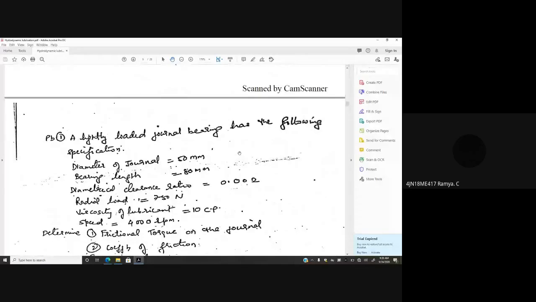Sir, only folders are visible. So I have displayed a scanned copy over here. Is it visible now? Yes, sir. Then fine. Just read this problem statement.